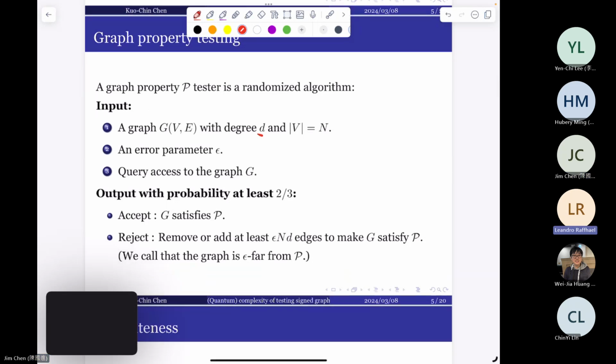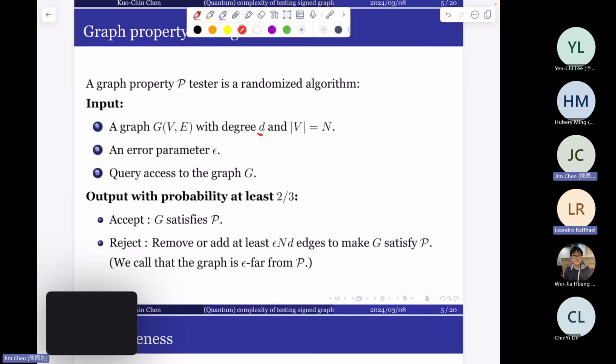On another question, I see that you have these quantities epsilon, N, and D, right? Yes. But you call it epsilon far. Why is that? Since N and D are given by the problem.